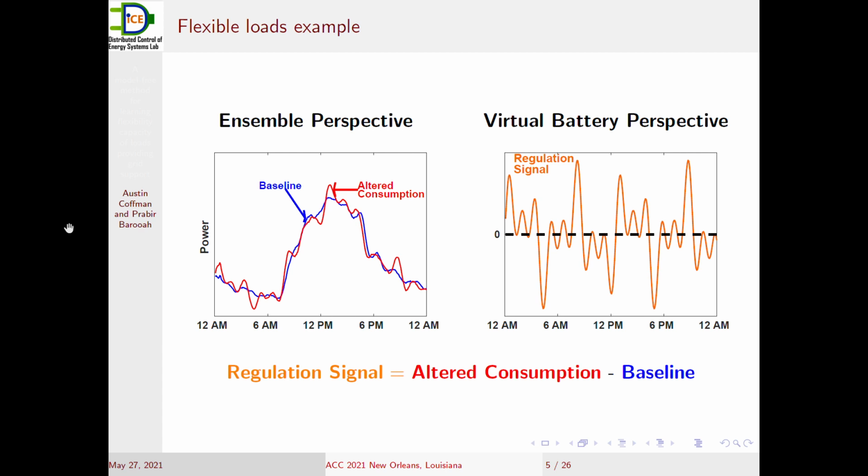Suppose they were able to move their power consumption to the red line. Now the difference between these two is what's termed the regulation signal, and it is also zero mean. So if the balancing authority chooses the altered consumption in an intelligent way, it can have it contribute to RBA so that these flexible loads can help balance power in the grid by deviating from their baseline in a zero mean fashion.